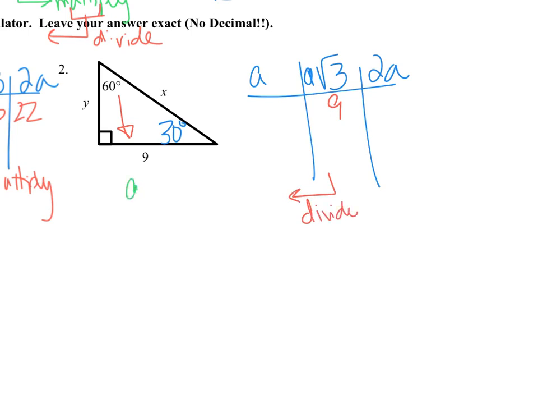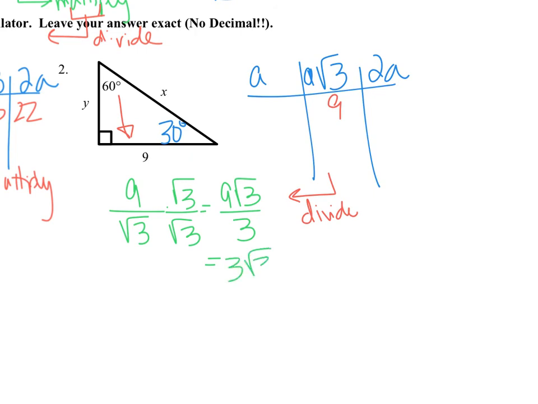So I'm going to take 9 and divide it by root 3. Rationalize it. So that's 9 root 3 over 3, which is, oops, sorry, I was thinking of the hypotenuse already, which is 3 root 3. Okay. And now that I have the short leg, I can go ahead and multiply to the hypotenuse.